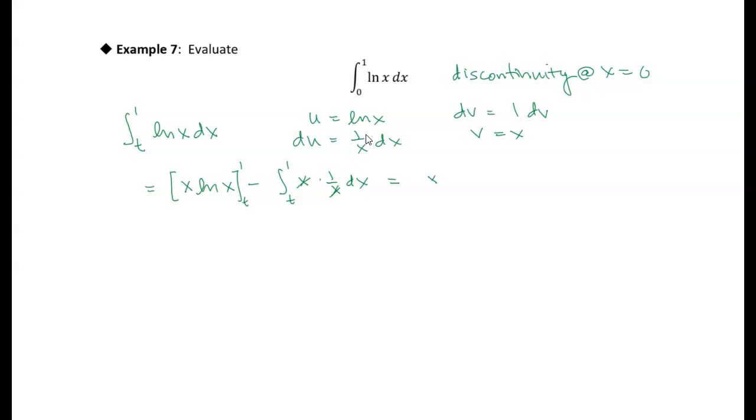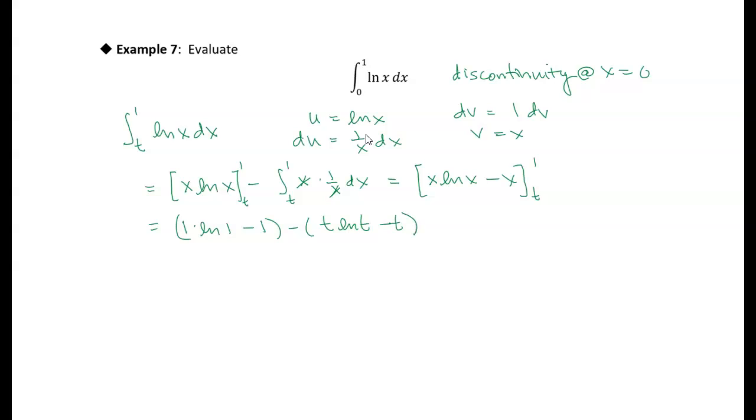So what we end up with is x natural log of x minus x, evaluated from t to 1. So let's do that. If you plug in 1, we get 1 times the natural log of 1 minus 1. And then we plug in t, so we get minus, t natural log of t minus t.